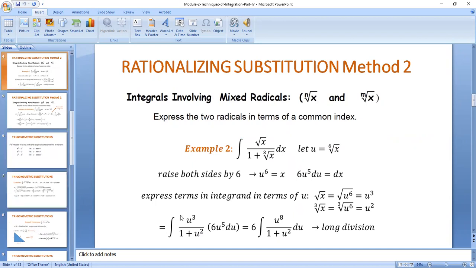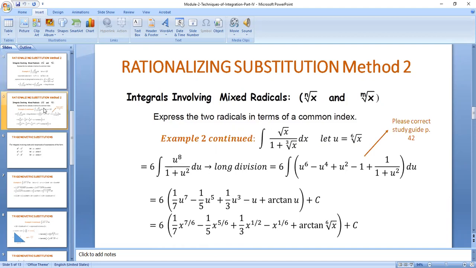We already have a 6 here because of this derivative dx, which is 6u raised to 5 du. Okay? So now we have this one. So if you use power rule, that would be u raised to 7 over 7 minus u raised to 5 over 5 plus u cubed over 3 minus u, the integral of this negative 1 du is just u.